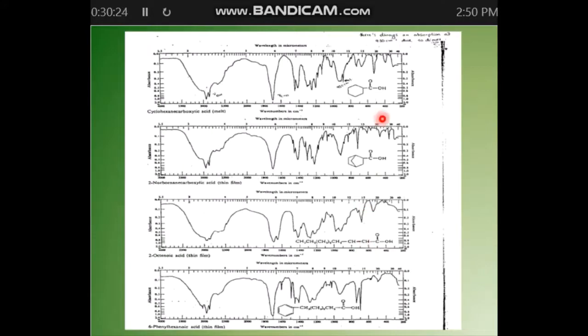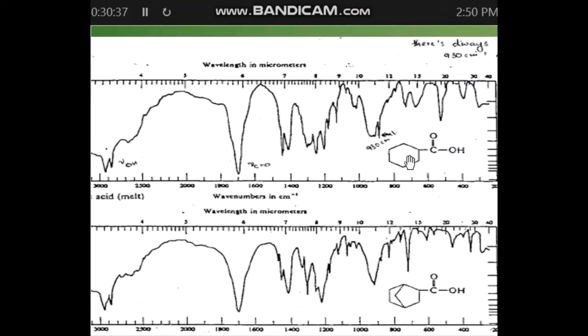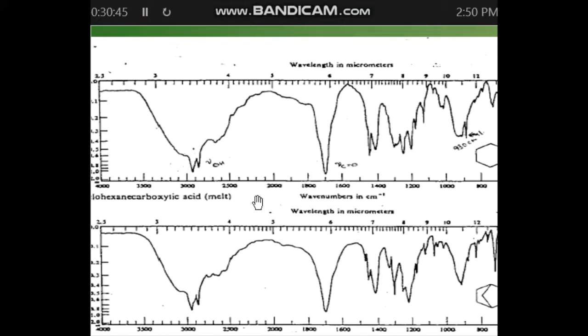Now we have carboxylic acid molecules. We have all sp3 carbon hydrogen stretches, and also we see a C double bond O stretch at around 1690, and also we see a broad band for OH.